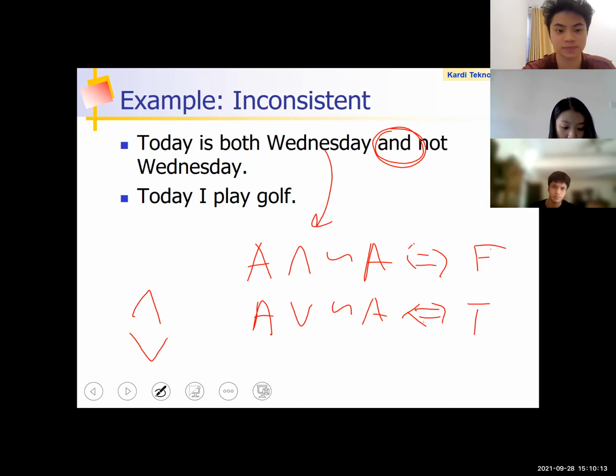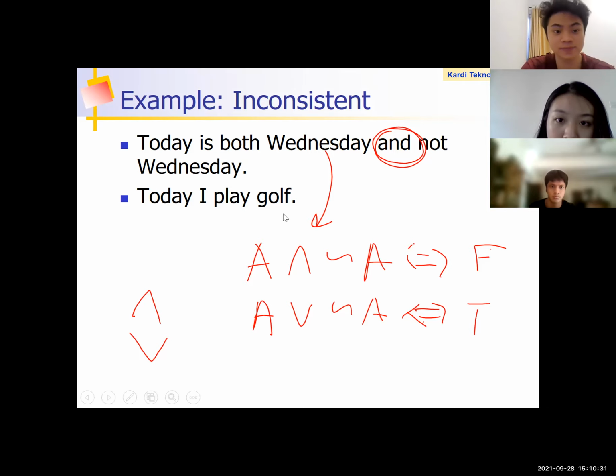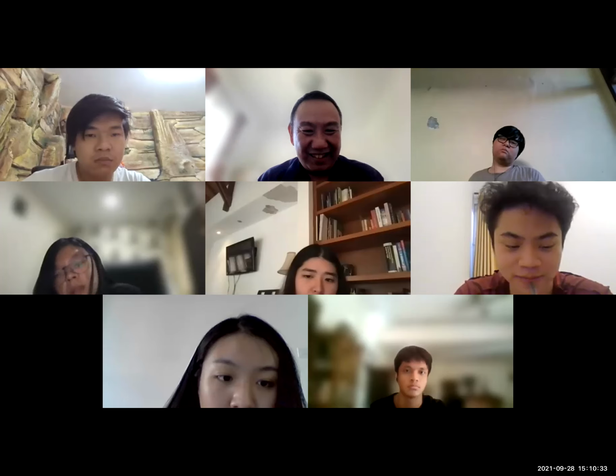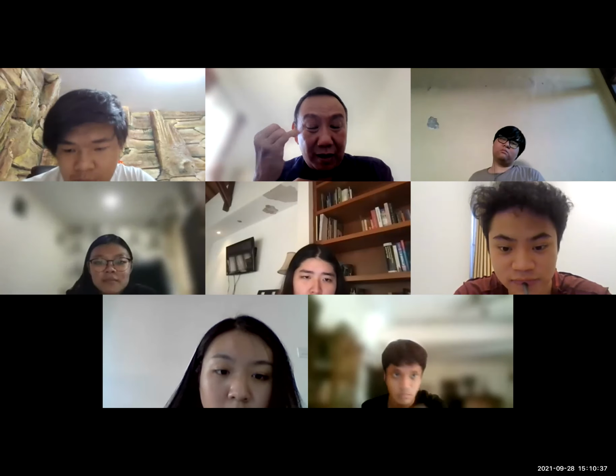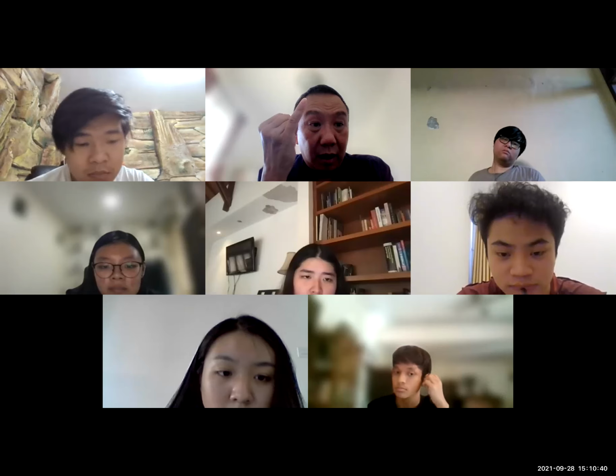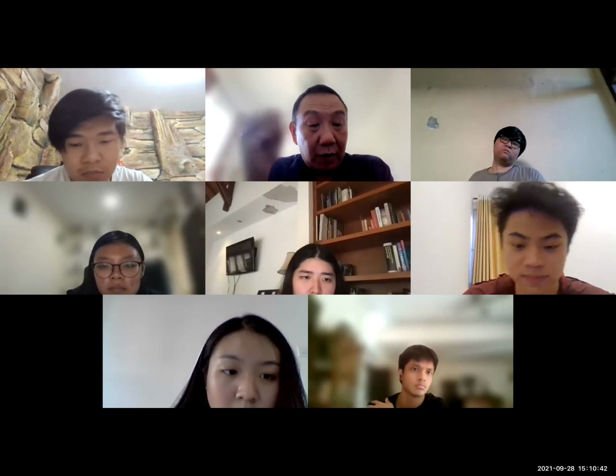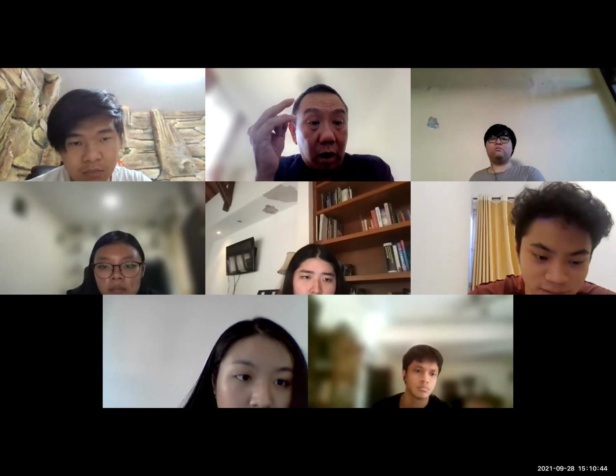Let's try this: A and not A. Can you make the truth table? Anyone who can show first can claim the recitation point for that. You open your Excel. One is A and not A. The other one is A or not A.